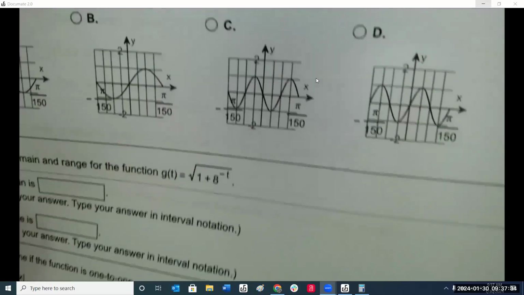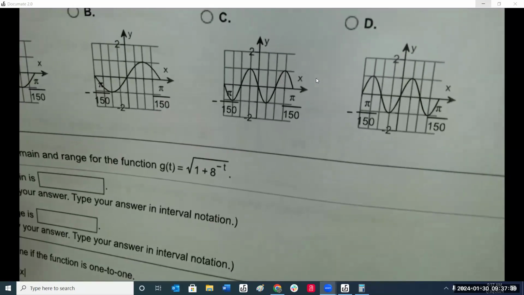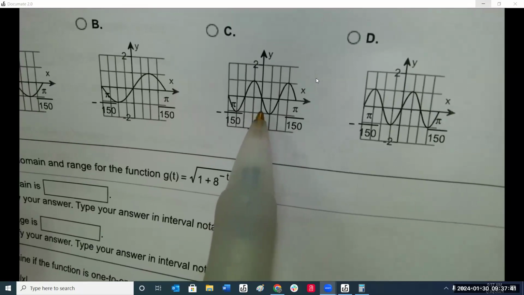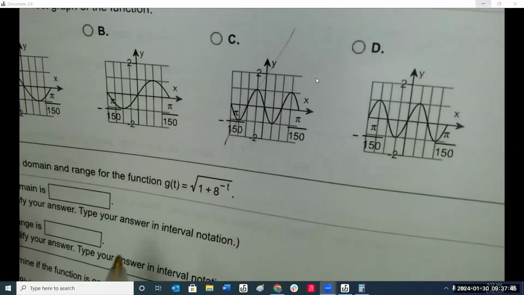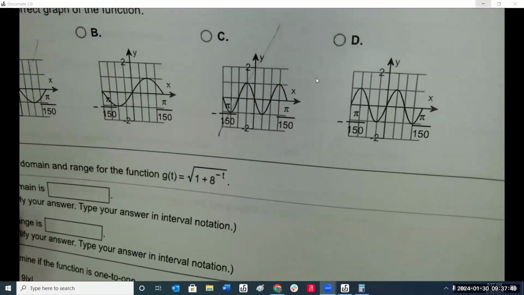How'd you get D? It is right. D is correct, but how'd you get it? Is this the right graph to begin with? No, it was at 0, it goes down, so that can't be right. This one can't be right. So it has to be B or D.